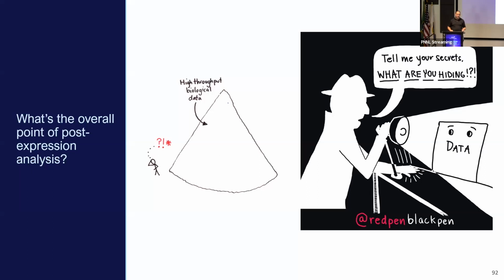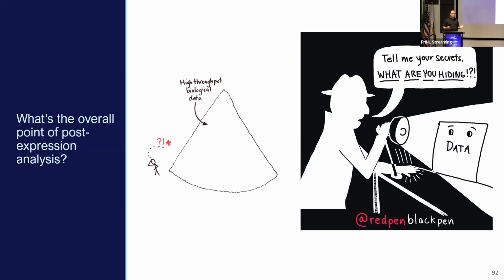Oftentimes the experiment is telling you something. You're experimenting to identify the effect of temperature on CO2 production in your favorite bacteria or something like that. You've cultured this bacteria under different temperatures, and you've gotten differential gene expression from each one of those.